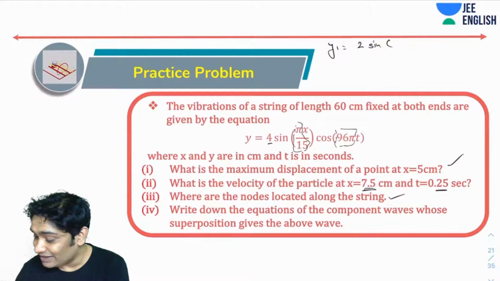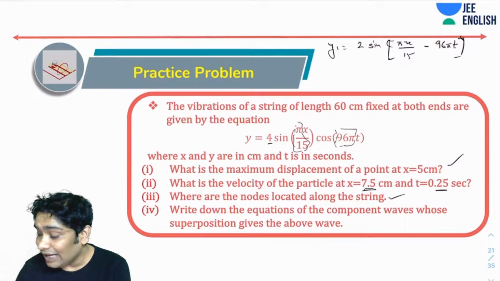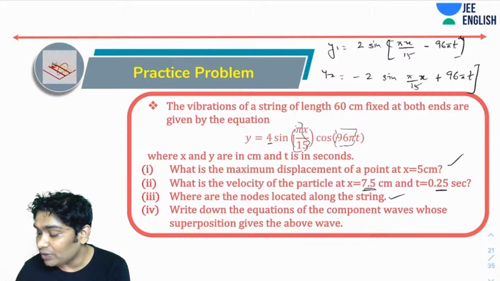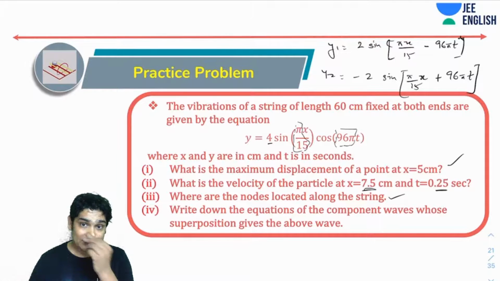Just write this: sine of pi x by 15 minus omega t, 96 pi t. That would be the equation of the first wave which is superimposing, and the second wave would have an equation of minus 2 sine of pi by 15 x plus 96 pi t. So this would be the equation of the constituent waves.